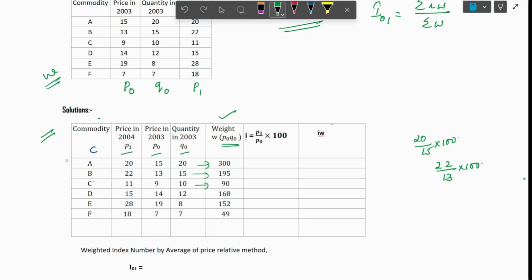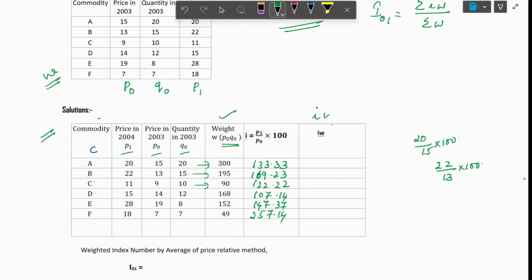Therefore, here the first I we are going to write is 133.33, 109.23, 169.23, 122.22, 107.14, next 147.37, 257.14.